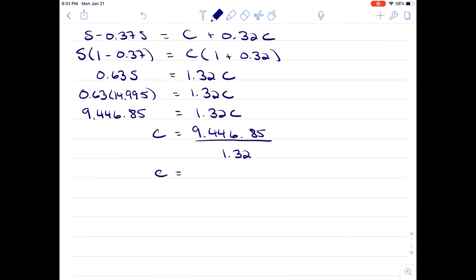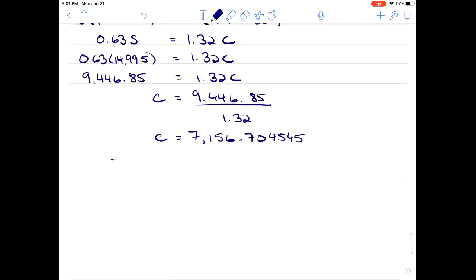So C is, not quite yet, 7,156.7045. So the cost is $7,156.70.